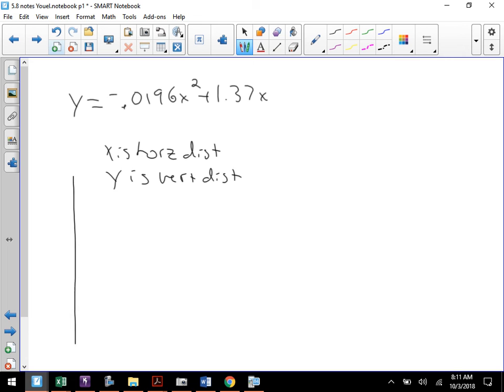So that means when it starts, it goes up, it comes down. Remembering that sometimes in the instructions they're not talking about horizontal and vertical distance, they might be talking about vertical distance over time. How many seconds elapse? So you just have to make sure you read what they're talking about in terms of their axes.